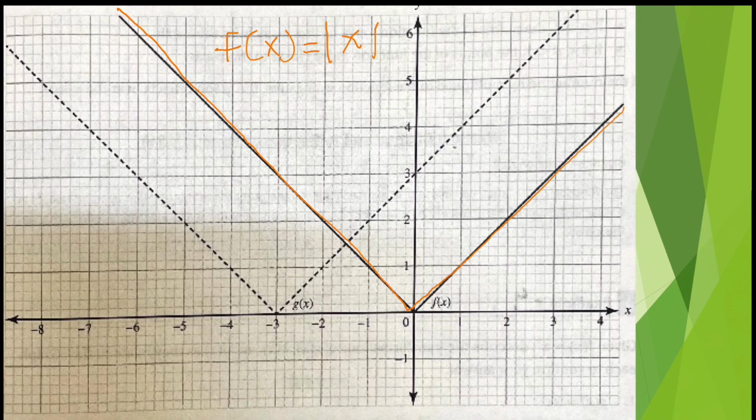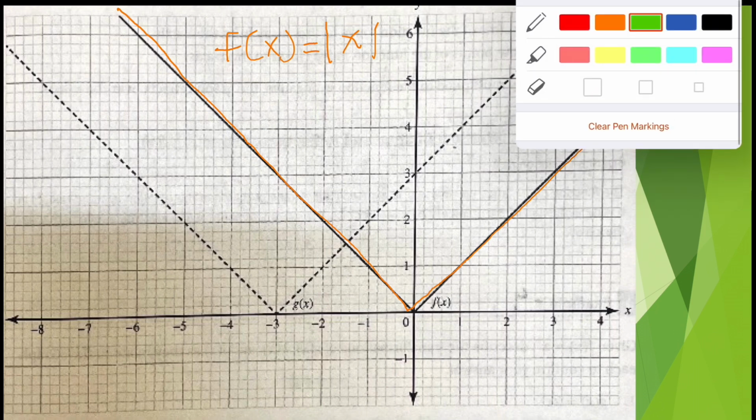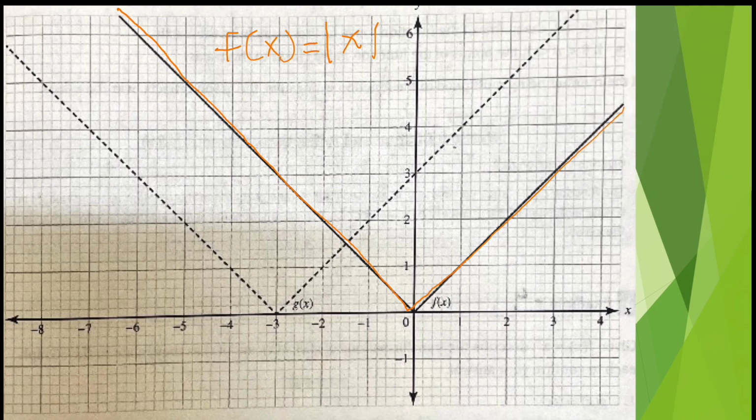And the g of x that we have here in the dotted line is the transformed one. Now, if you notice, each and every point is moved by 3 units to the left. 1, 2, 3 to the left. 1, 2, 3 to the left. Even over here, 1, 2, 3 to the left. And so you know that the magnitude of h, or the transformation variable, will be 3.